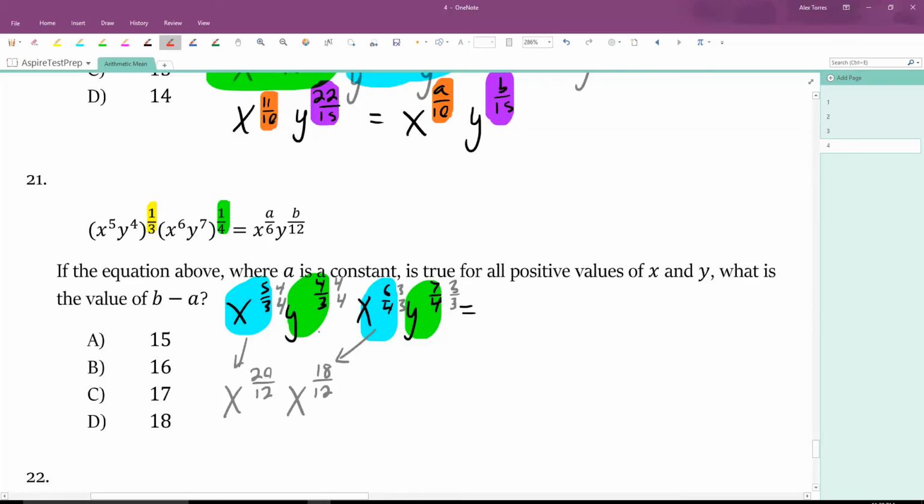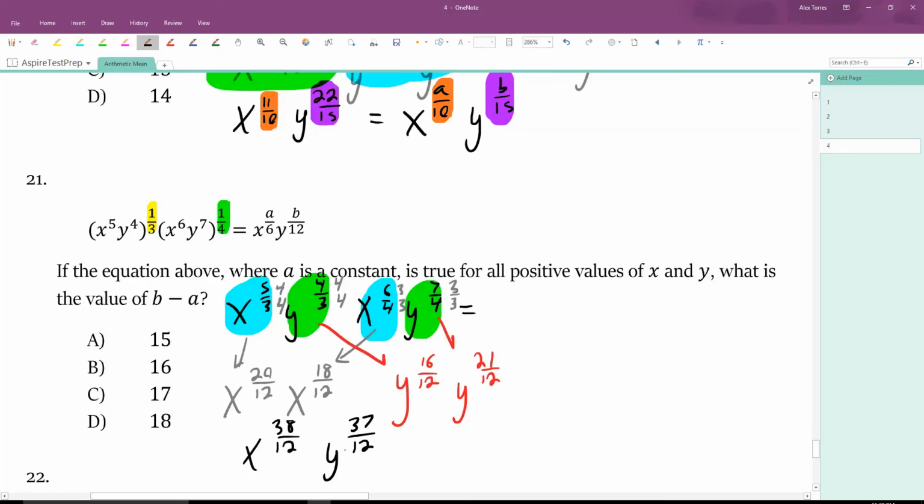And then y to the 16 over 12, and y to the 21 over 12. So that'll give us, we have to add those two x's, so x to the 38 over 12, and y to the 37 over 12.